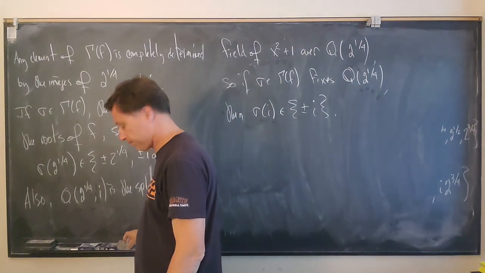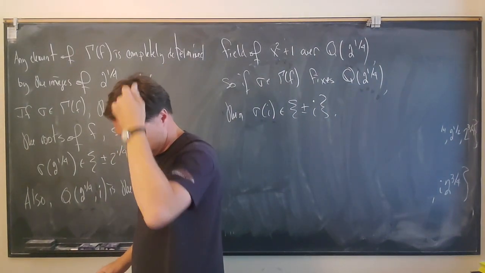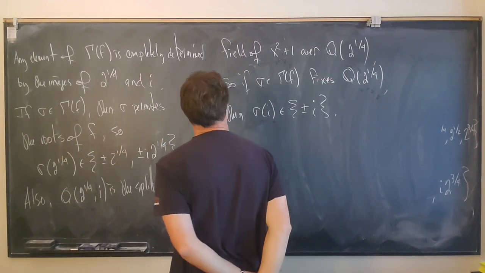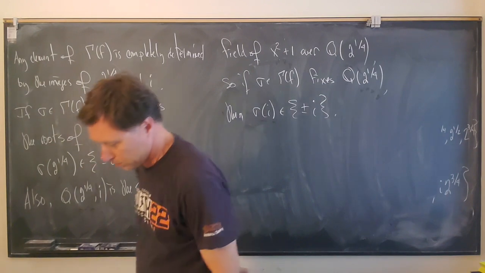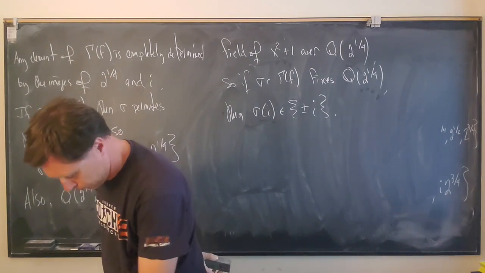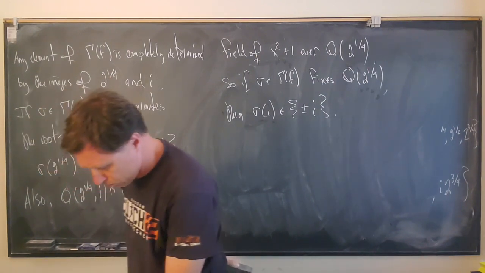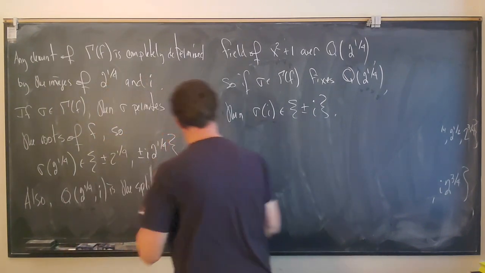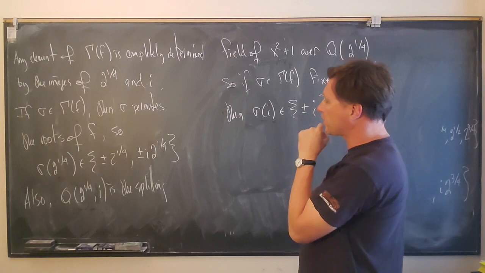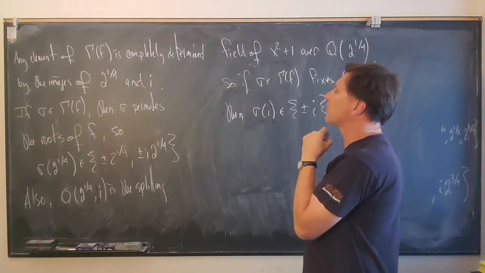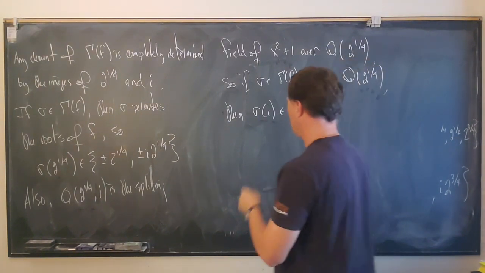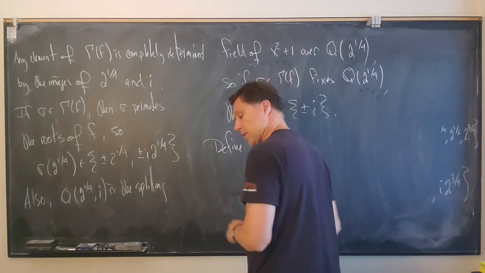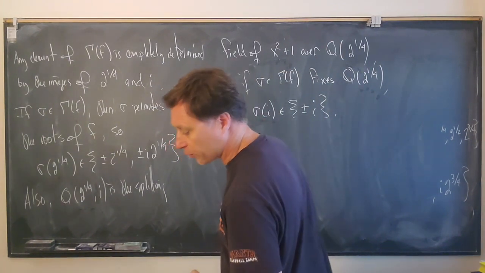So I'm going to use this information, and I would like to define a couple of elements of my group. So I'm going to call them sigma and tau. So first, let's define sigma.